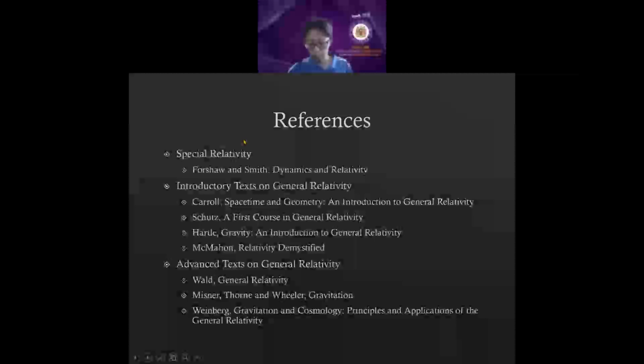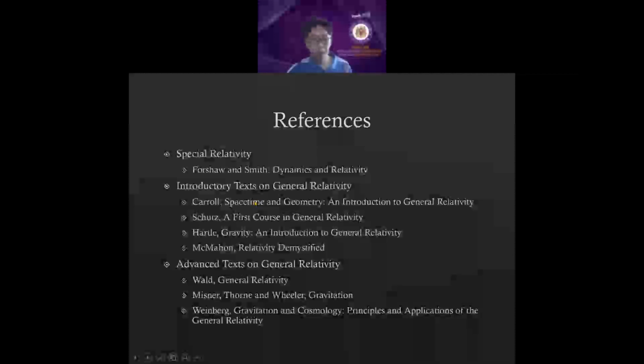And these are some references that you can refer to if you want to study further about GR. The first one is actually about special relativity, and these are the common introductory texts that you can use if you want to learn GR. The one that I personally use is Carroll, the one by Sean Carroll.